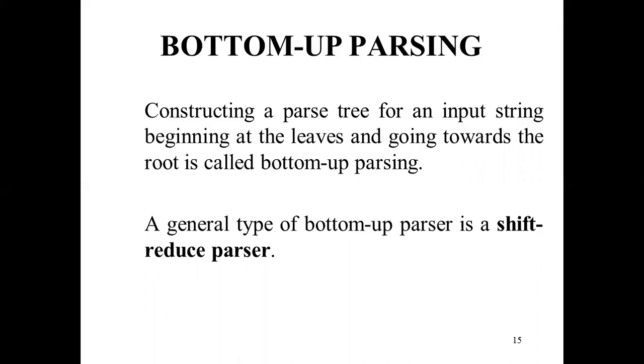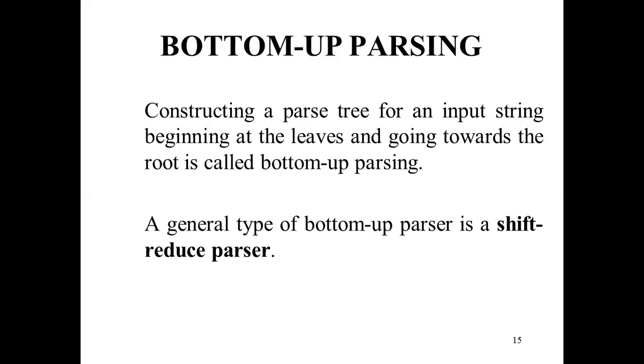Whenever we combine various tokens from the downside and approach the top side, we see whether we are able to get the complete sentential form or not. If we get the proper sentential form, then we can say that our parse is successful. That is called bottom up parsing.